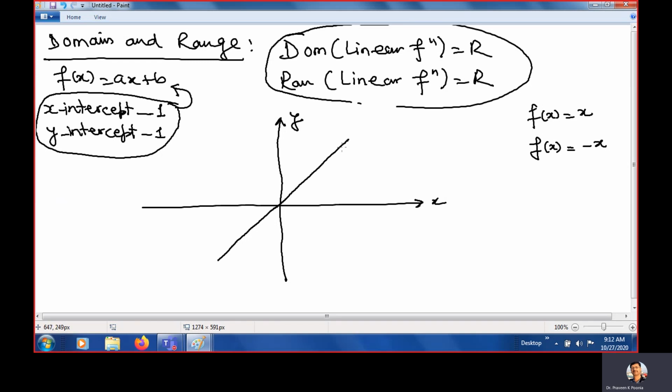Yes, look, this is f(x) equals x. Clear? And if I draw another line, like if I am drawing this, it is not coming. How can I draw this? Okay, let us see.